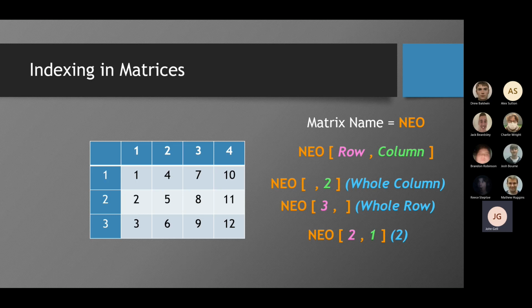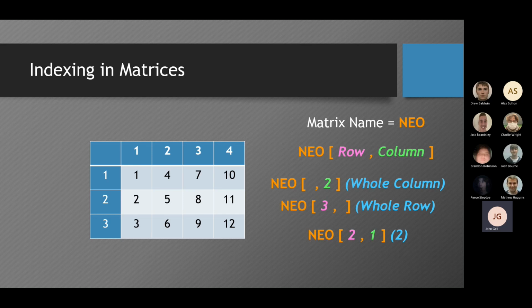Yes? Same with the row, we still have a comma and then a space, because it's still a matrix. It has two dimensions, and we need to satisfy, in terms of computers, a what? If we don't tell it what the second parameter is, it's going to throw a wobbly at us.